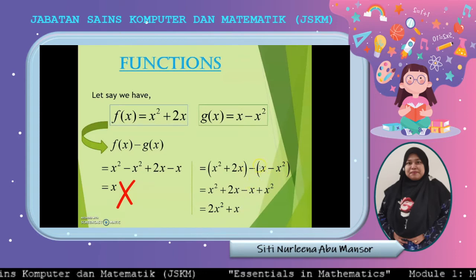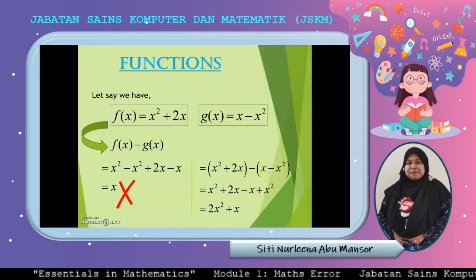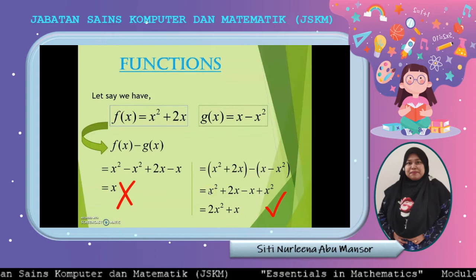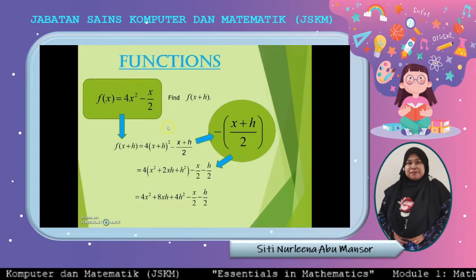Then we can open the brackets and solve for the negative sign, multiplied with x, so we have negative x, and negative multiplied with negative x squared, here we get positive x squared. So we can see here that the solution is going to be 2x squared plus x, instead of the wrong answer where you get x. Okay, that's more on functions.